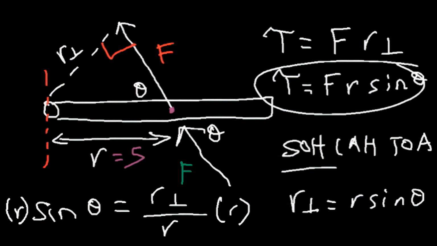calculate the torque. Another way in which you can get the same answer, and sometimes it might be easier to think about it this way. Let's say you apply a force at this point, it's equivalent to applying a force at this point as well.